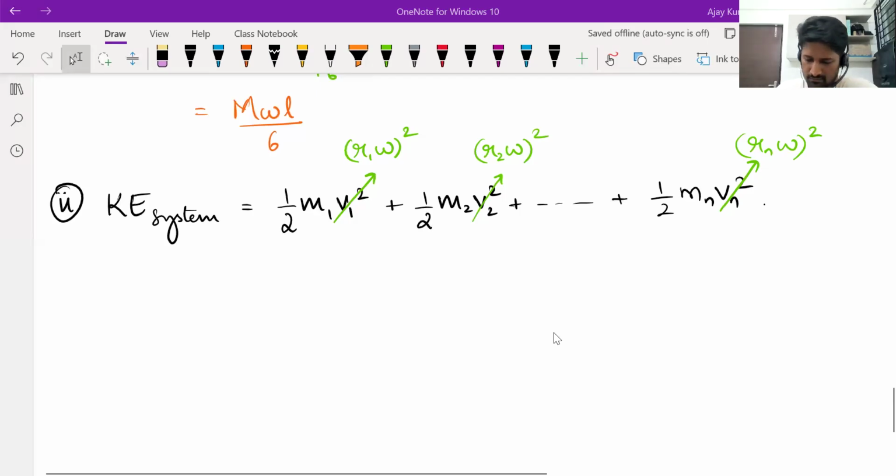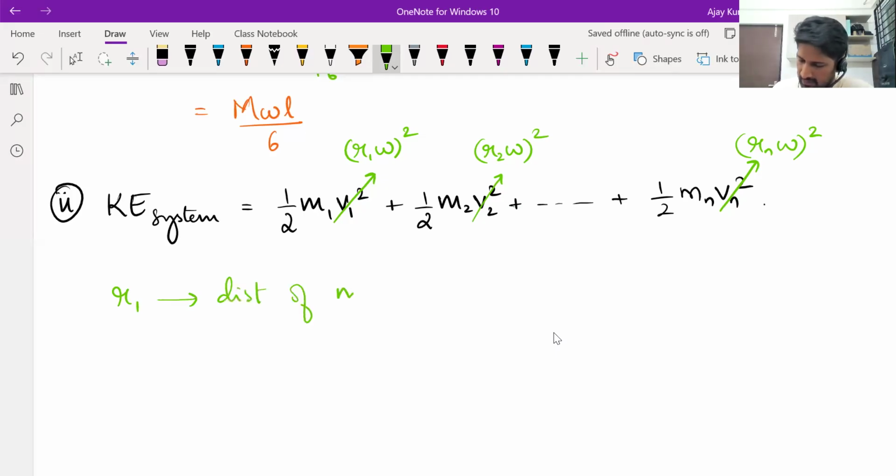Distance between the particle and axis of rotation. Good. R1 is the distance of M1 from the axis of rotation, R2 is the distance of M2 from the axis of rotation, and so on.